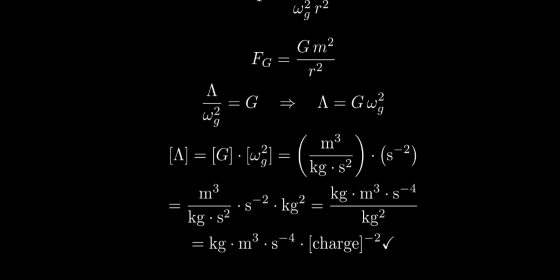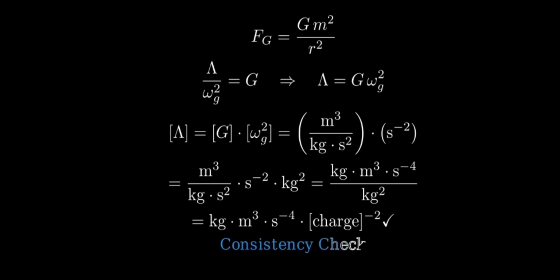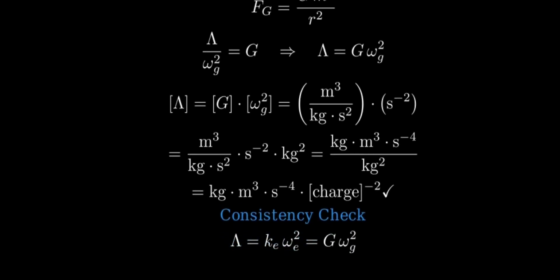Now, for a crucial consistency check. Since lambda must be the same universal constant in both cases, we can set up an equation. Lambda equals k sub e times omega sub e squared from the electrical case, and lambda equals G times omega sub g squared from the gravitational case. Therefore, k sub e times omega sub e squared must equal G times omega sub g squared.